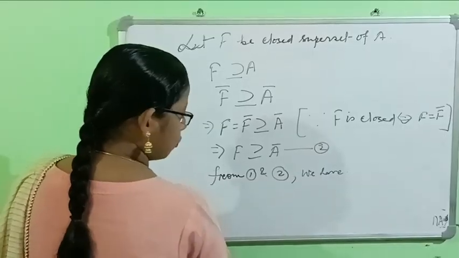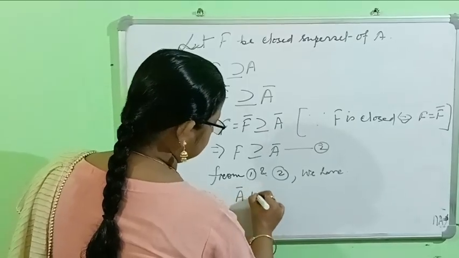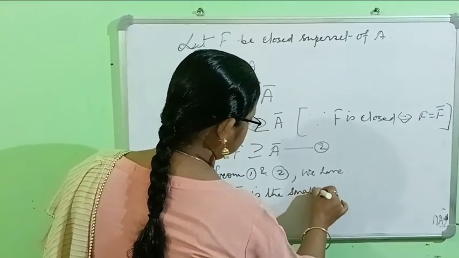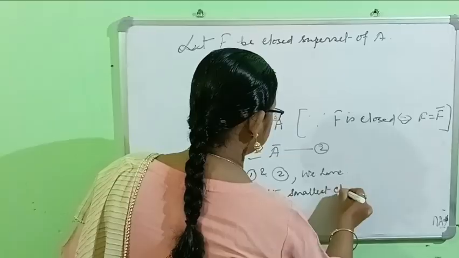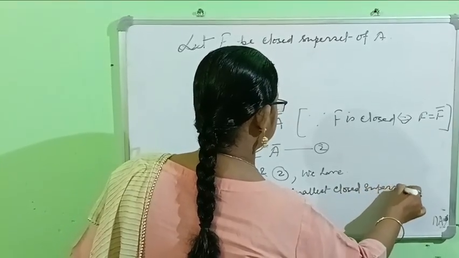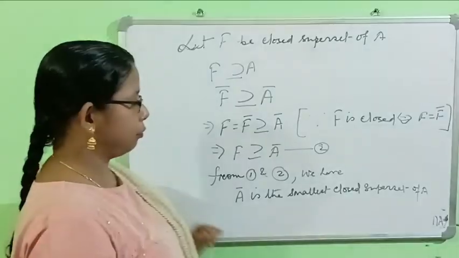Therefore, from 1 and 2, we have A closure is the smallest closed superset of A. Hence the proof.